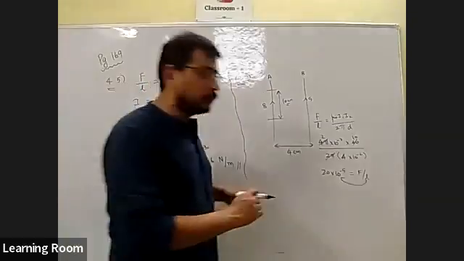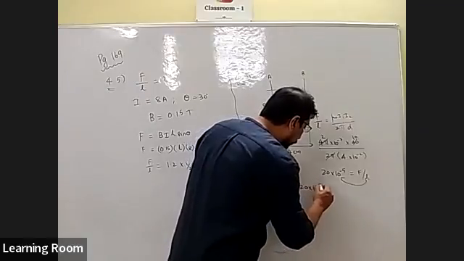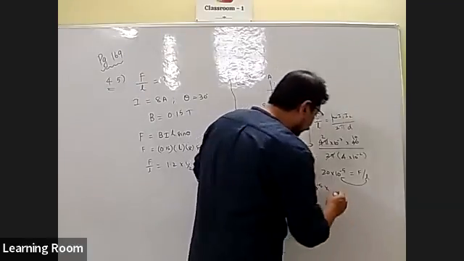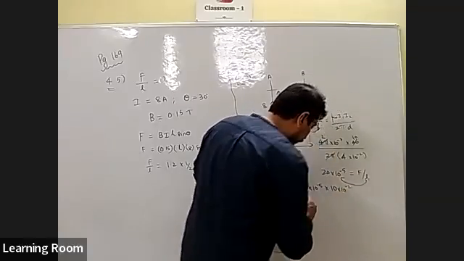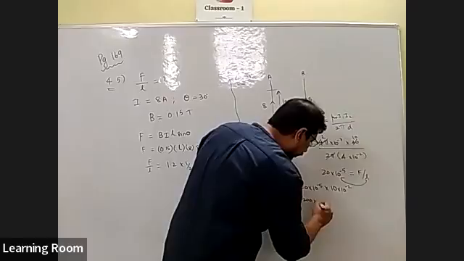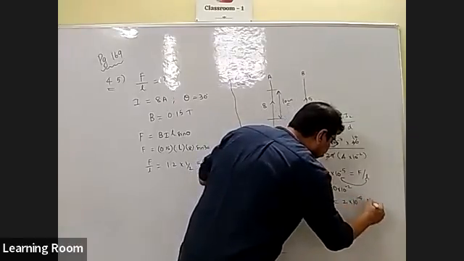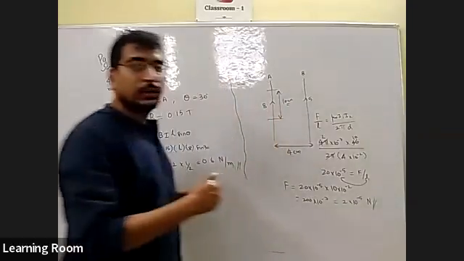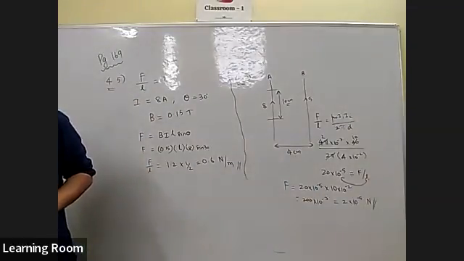Then what will be the value of force? 20 into 10 power minus 5 into 10 into 10 power minus 2, so 200 into 10 power minus 7. The answer will be 2 into 10 power minus 5 Newton. So this is the value of force experienced by this portion: 2 into 10 power minus 5 Newton.